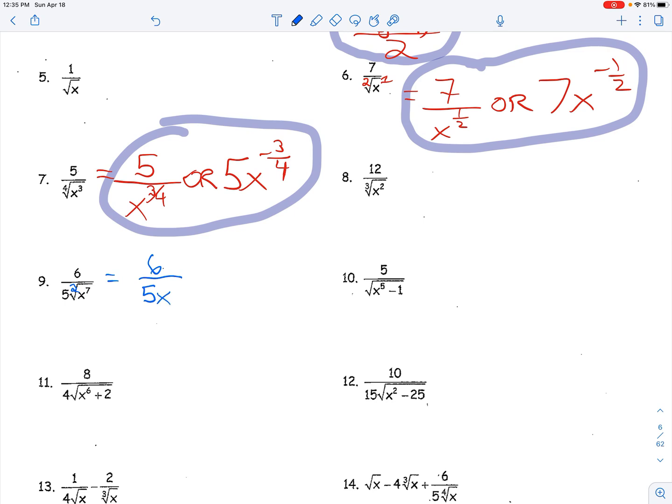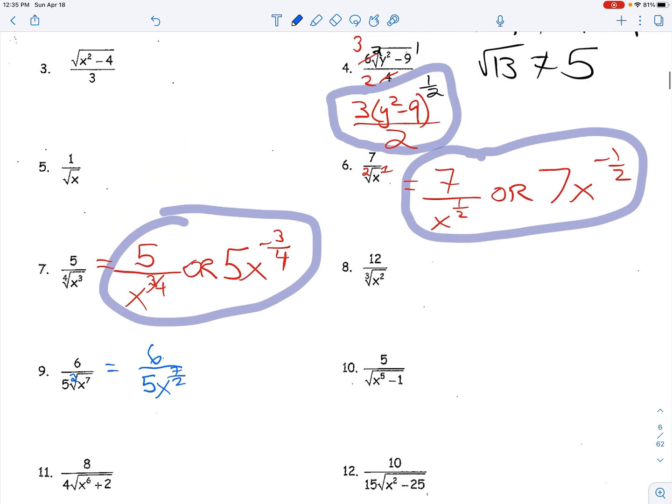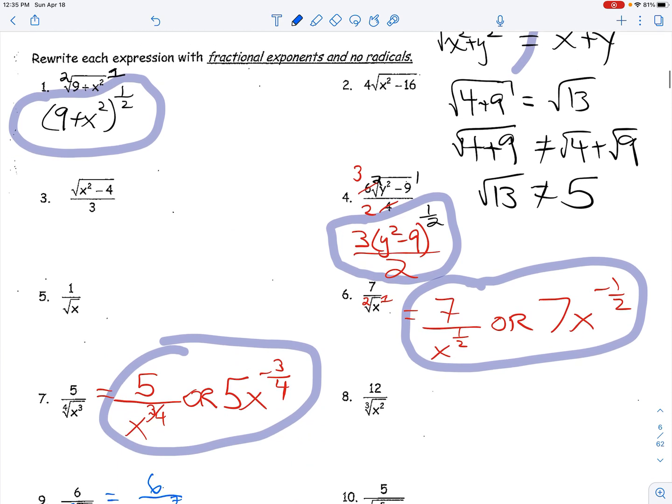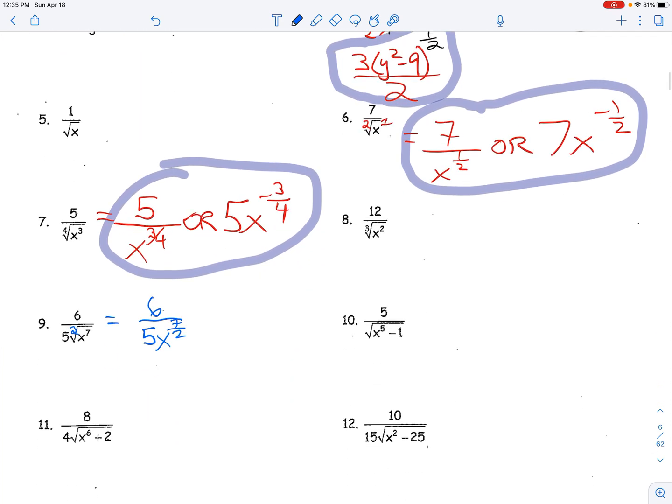So it's going to be x to the, the root is the denominator of the fractional exponent, and the power is the numerator of the fractional exponent. So x to the power of 7 over 2. All right, so fractional exponents, no radicals.